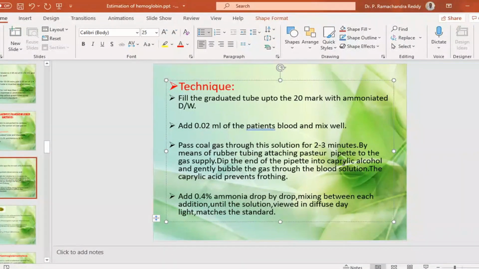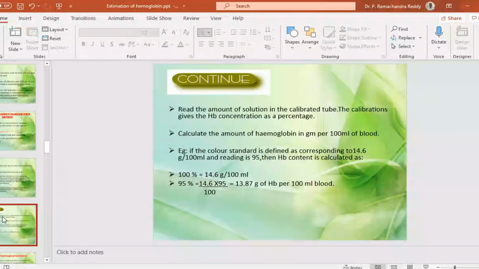Read the amount of solution in the calibrated tube, and the calibration gives the hemoglobin concentration as a percentage. Then calculate the amount of hemoglobin in grams per 100 ml of blood. For example, if the color standard corresponds to 14.6 grams per 100 ml and the reading is 95, then 100% is equal to 14.6 grams per 100 ml.